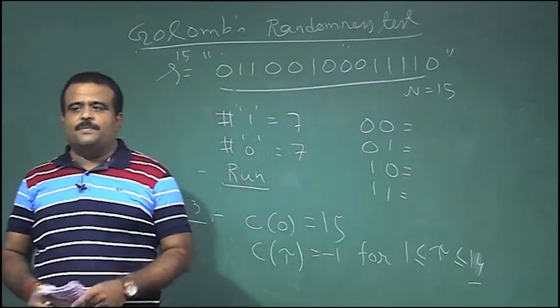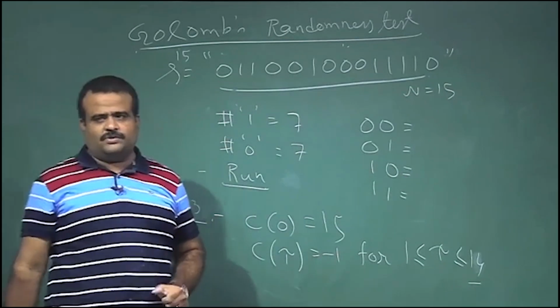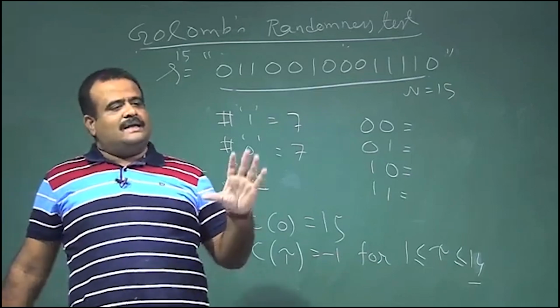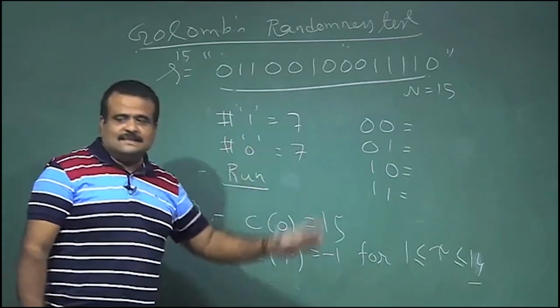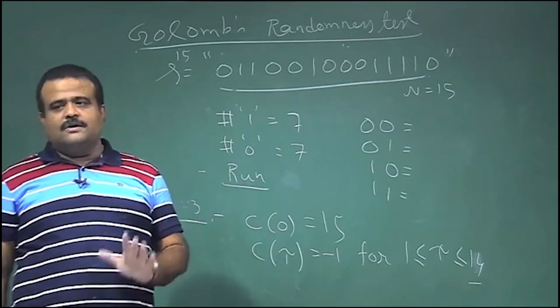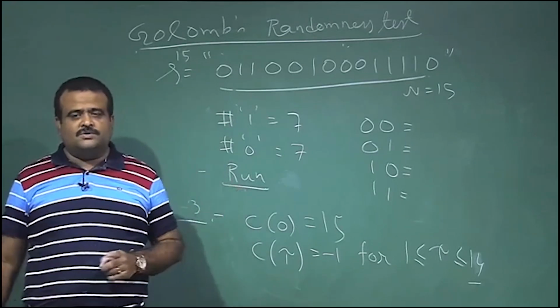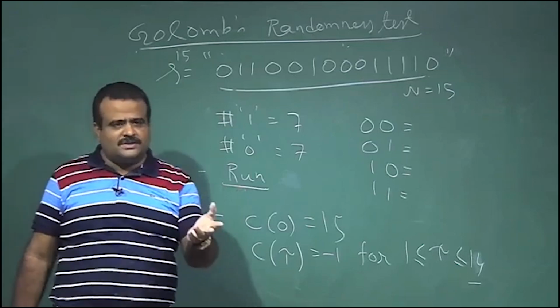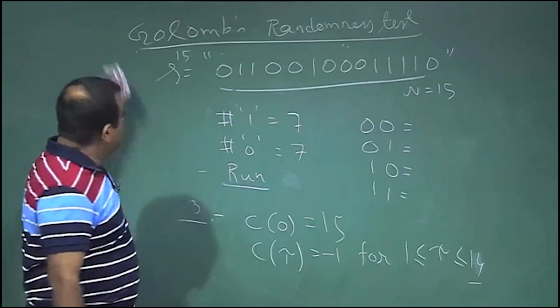This is another property of a truly random sequence. There could be many properties, and there are many statistical tests on this. Those are basically necessary tests. A truly random sequence should pass these tests. If we have a pseudo random sequence, it should pass these tests, then it will have more randomness.